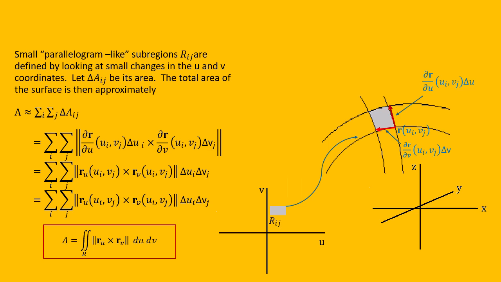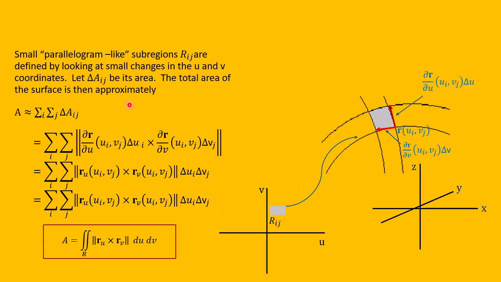So we have these small parallelogram-like subregions in our surface, and it comes from mapping little rectangular regions in the uv plane over to here.